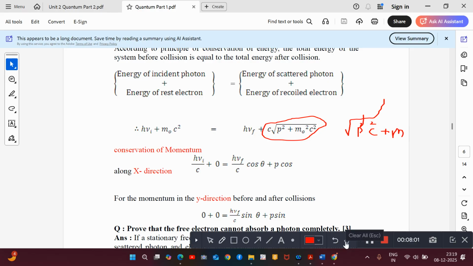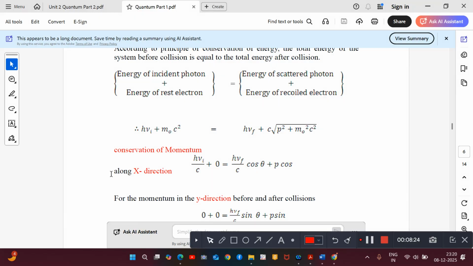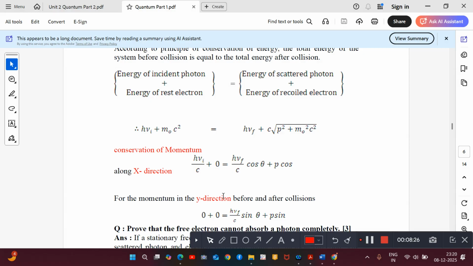It is one and the same. So I will just clear. Okay. So this is the law of conservation of energy, and now you can observe the conservation of momentum.